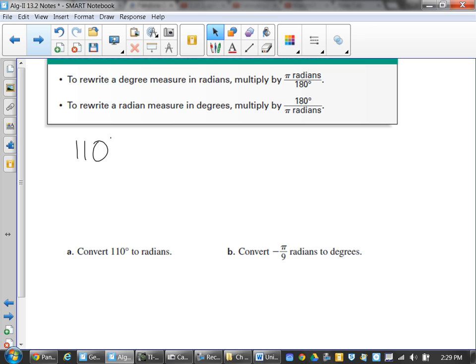You multiply it by pi over 180 and simplify the fraction. So you have 110 pi over 180, which gives you 11 pi over 18.